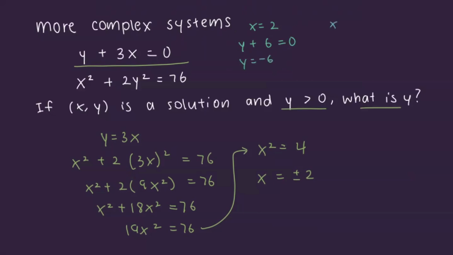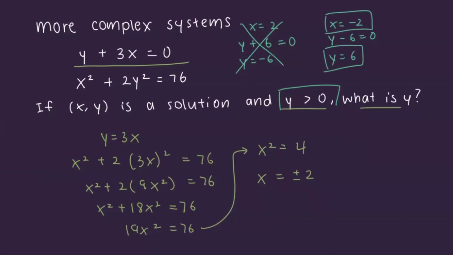If our x is negative 2, then we have y minus 6 equals 0, and y will equal 6. Since the question is telling you that our y is greater than 0, then the first is not an answer. So y has to be equal to 6, and so our x is negative 2.